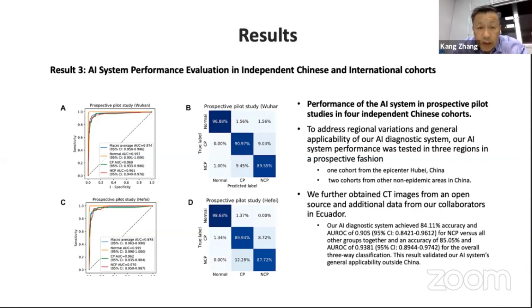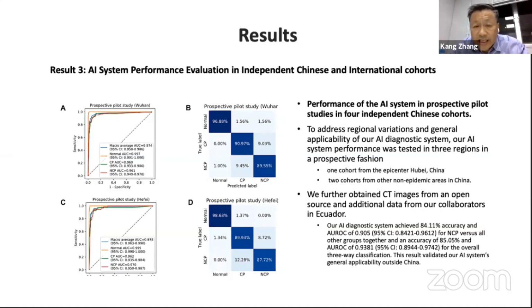For example, in parts of Wuhan, obviously, infection rates are very high. So we did a prospective cohort there, and it showed very high accuracy. Then we also did additional cohorts in non-epidemic areas such as Anhui as well as Guangzhou, and those two areas have the cohort.